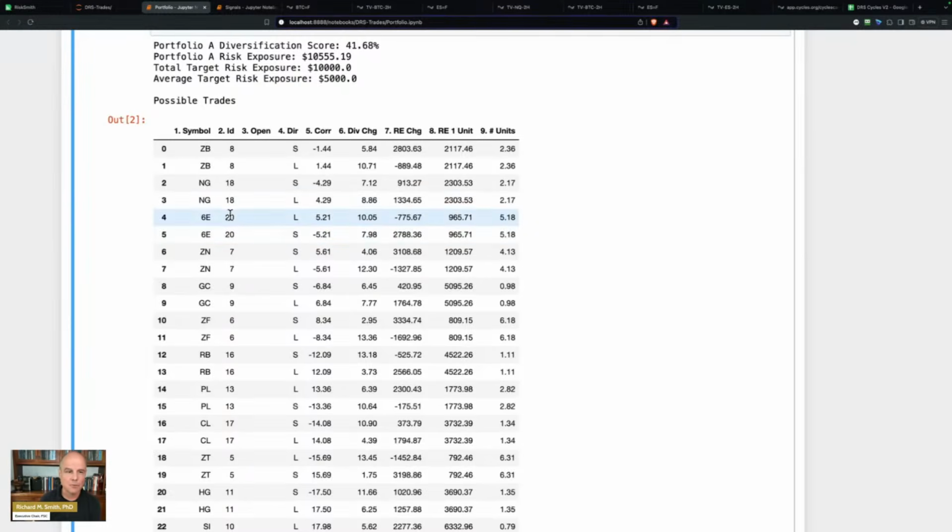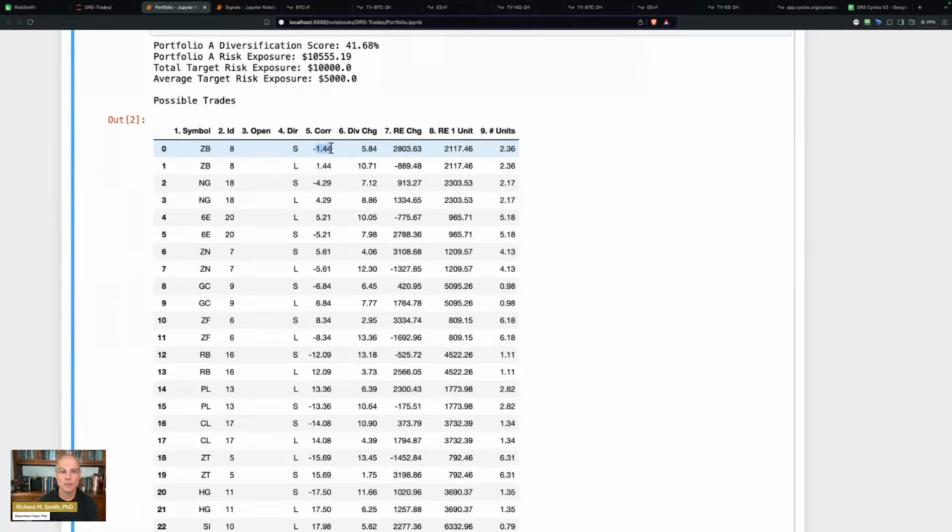So some other options for us, the euro and the 10-year treasuries and gold, 5-year treasuries. These are all relatively uncorrelated to our existing portfolio. So now I might want to look at one of these and see. Well, let's see.